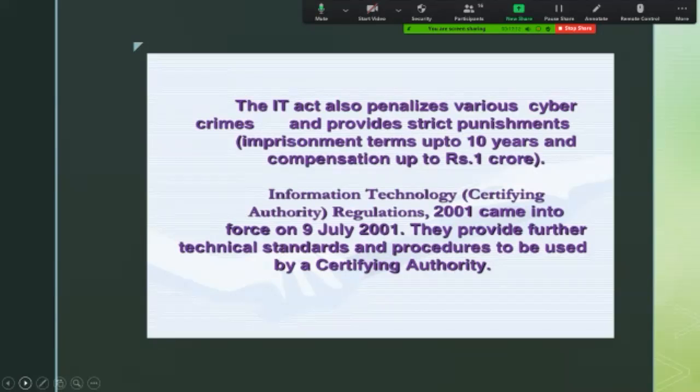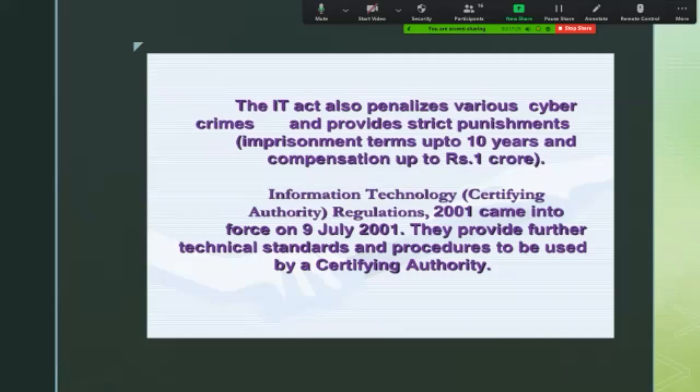The Information Technology Regulation 2001 came into force on 9 July 2001. They provide further technical standards and procedures to be used by a certifying authority. What do you mean by certifying authority?